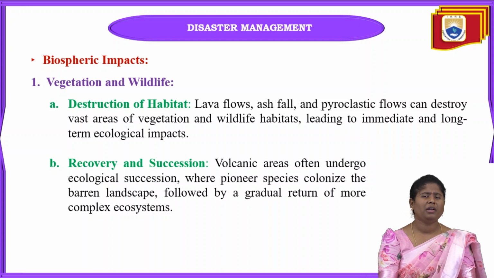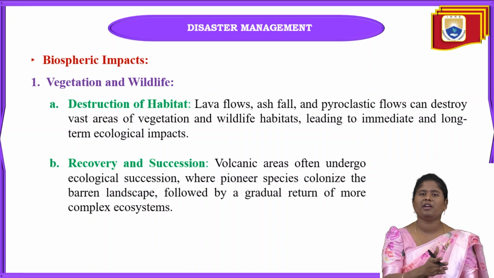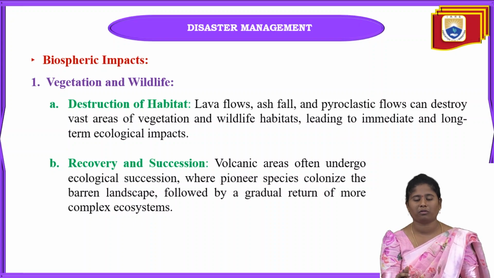Once a disaster happens, that area has to take a very long time to return to its past form. It will be very difficult to regain its original form, whether it may be infrastructure, wildlife, or vegetation. It will take very long because of these disasters.